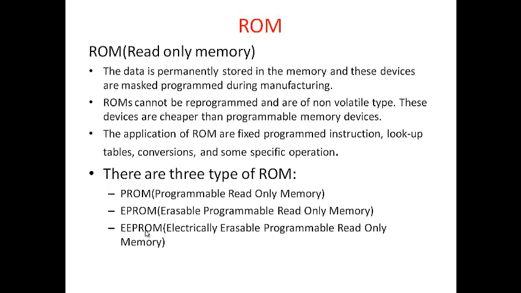So you get the data, multiply, do the conversion and get the output. That part of the program has been written. So that is the application of read-only memory. There are 3 types. First one is programmable read-only memory, then erasable programmable read-only memory, and third one is electrically erasable programmable read-only memory.